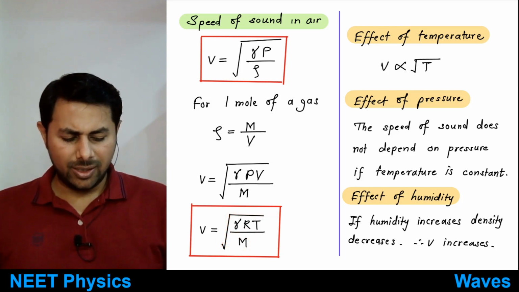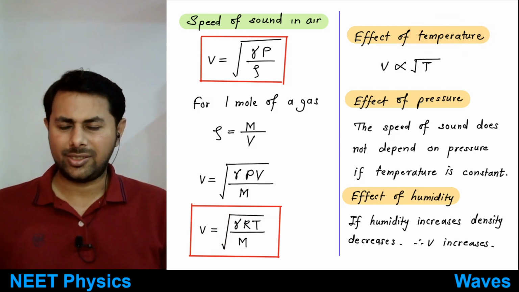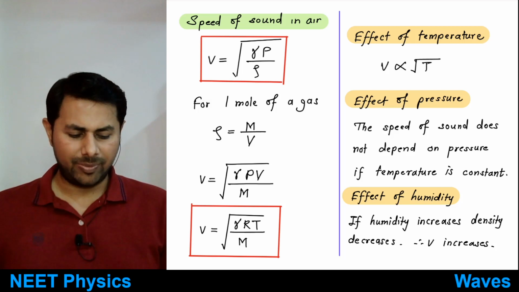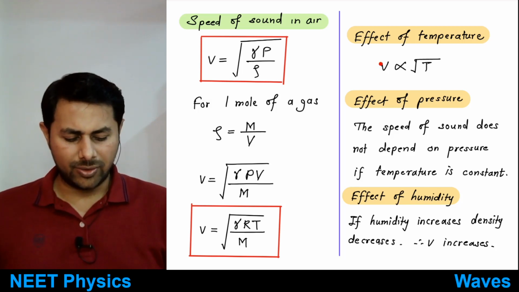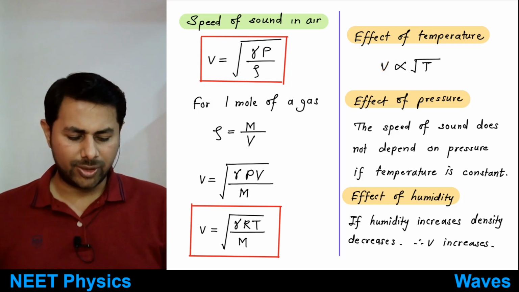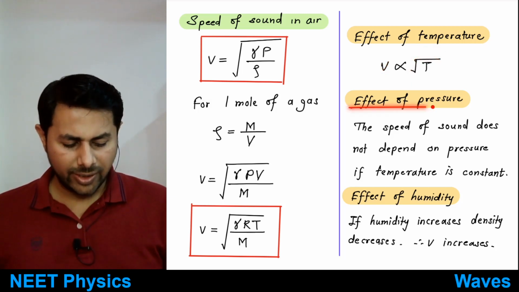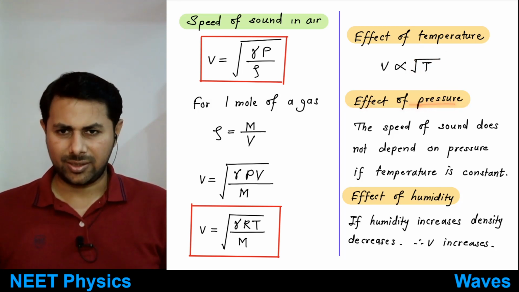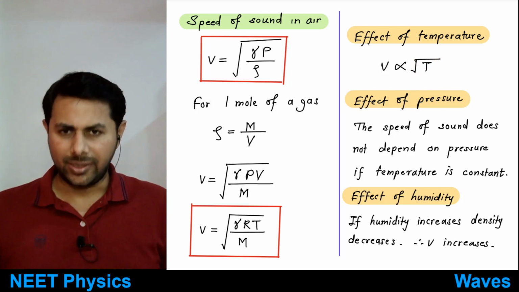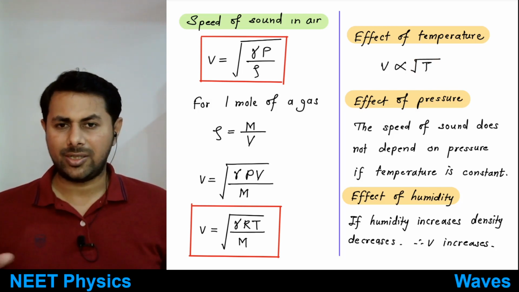Now, what would be the effect of temperature? If temperature changes, the speed of sound in air will change. So speed is directly proportional to the root of temperature. That's one thing. Then what is the effect of change in pressure? If the pressure changes, there would be no change in the speed of sound in air if temperature doesn't change.